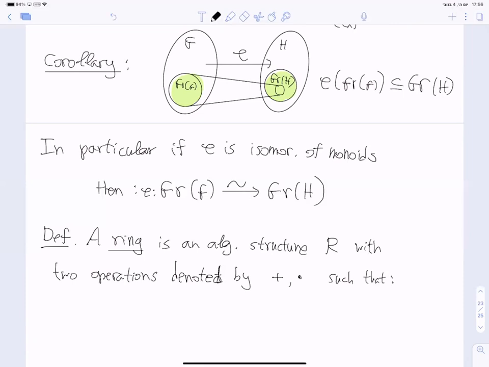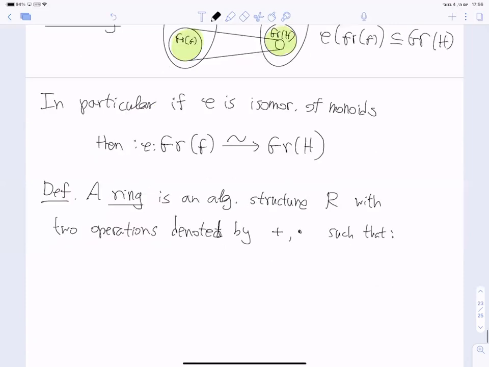now we have three conditions. The first one is that if we take the elements of R together with the plus, it's an abelian group.